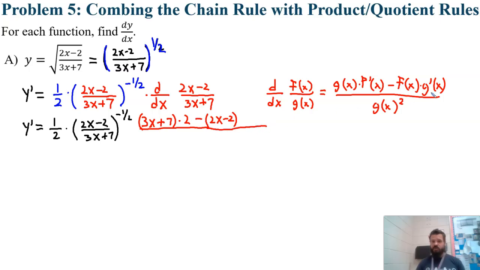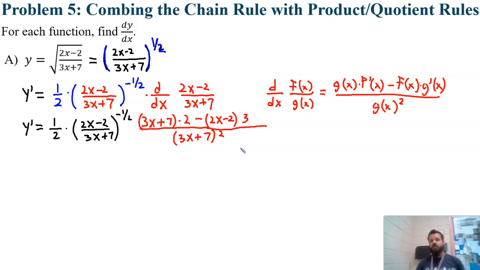Okay, times the derivative of the denominator. Derivative of 3x plus 7 is just a 3. Okay, all over 3x plus 7 squared.